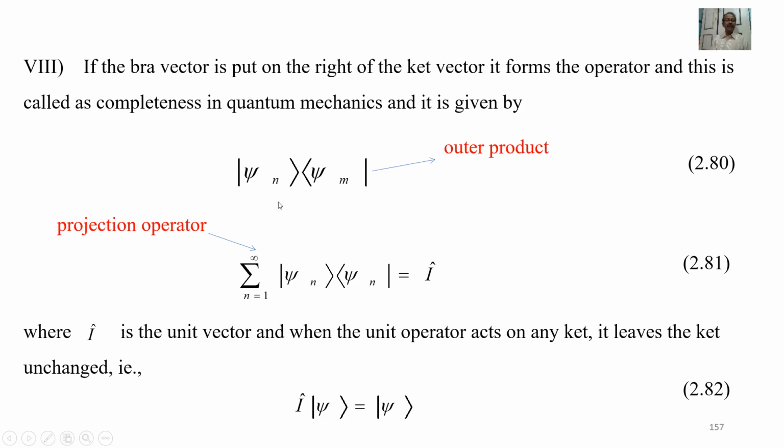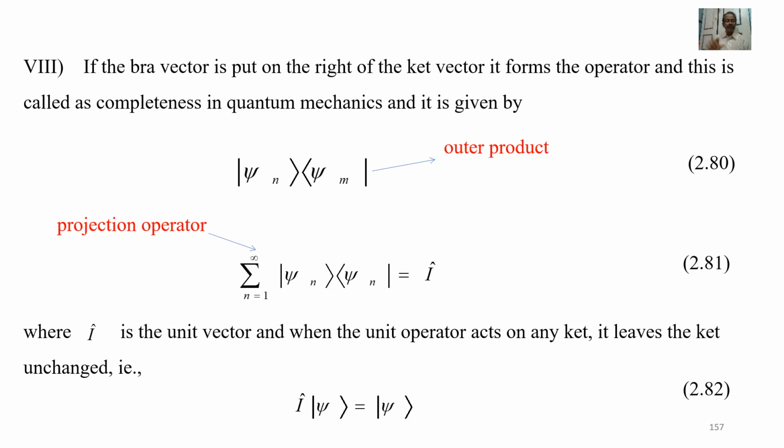If both the indices are the same, for example, sigma over n equals 1 to infinity of ket psi n with bra psi n, then we call this the projection operator. The answer is I cap, where I is the unit operator, and when the unit operator acts on a ket, it leaves the ket unchanged, which we know already.